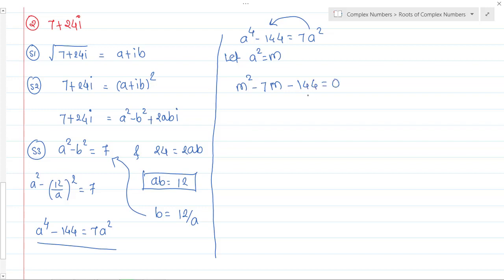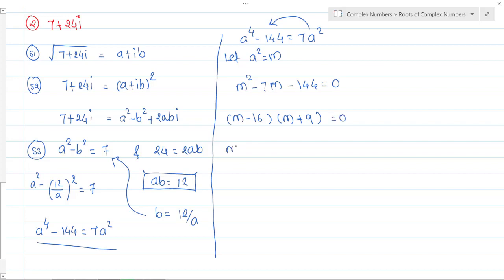Okay, so what will be the roots of this equation? It is nothing but 16 and 9. So (m minus 16) and (m plus 9), since 16 nines are 144, and minus 16 plus 9 becomes minus 7, which equals 0.